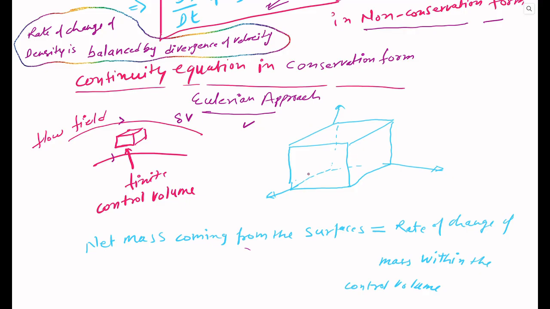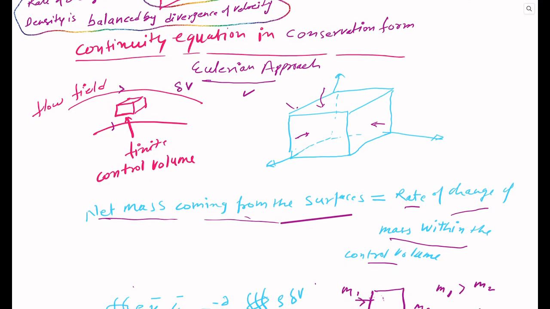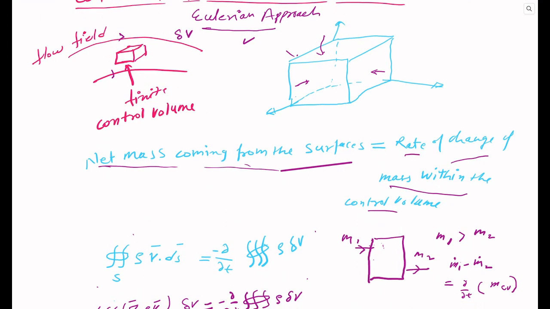This is the cuboid, so through the surfaces of this cuboid, mass will enter. The net mass coming through the surfaces equals the rate of change of mass within the control volume.